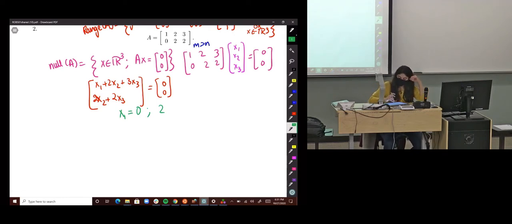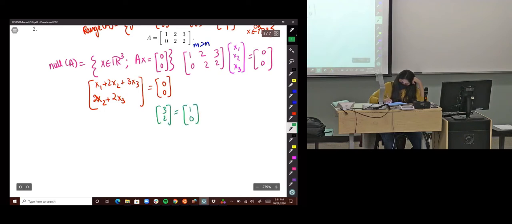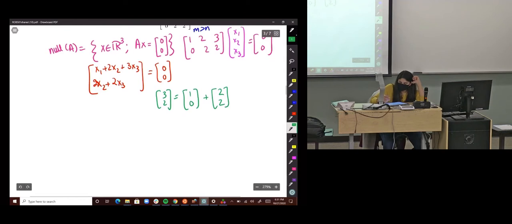Okay, let's try and do this. We know that 3, 2 is a linear combination. So we can safely eliminate the last column. So we know that the null space is not 0.